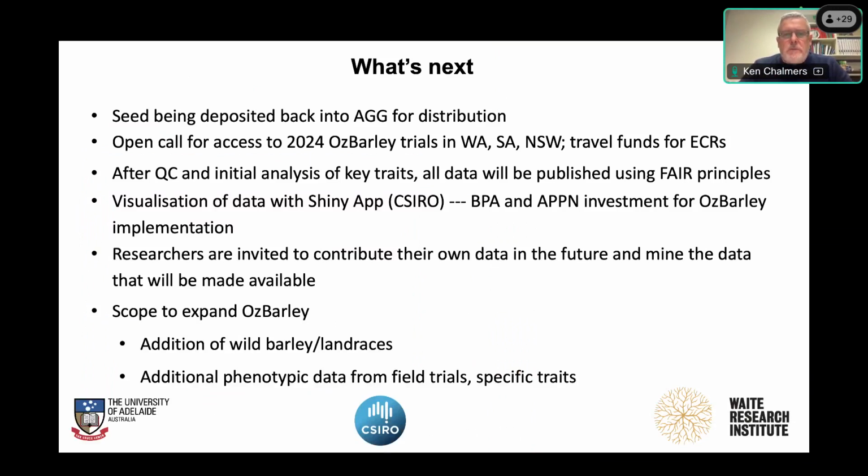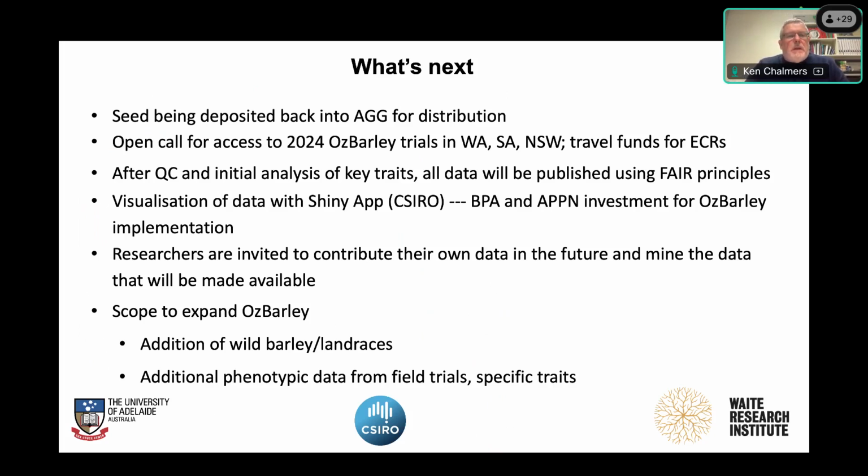We're running field trials in Western Australia, South Australia, and New South Wales, and we're providing travel funds from the GRDC for early career researchers to go out and collect phenotypic data on their favorite traits at any of these sites. Some people are actually opting to go to all 3 different sites and generate data. So we'll have a nice set of phenotypic data collected later on this year.